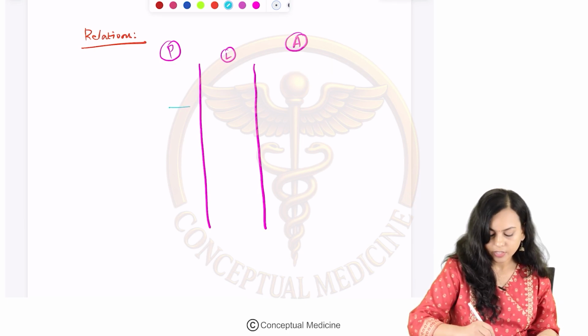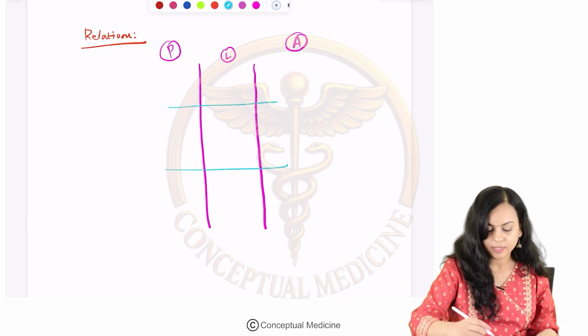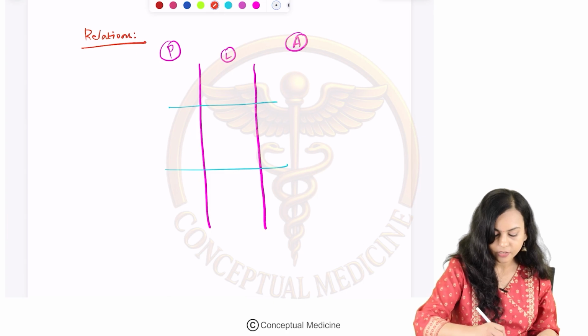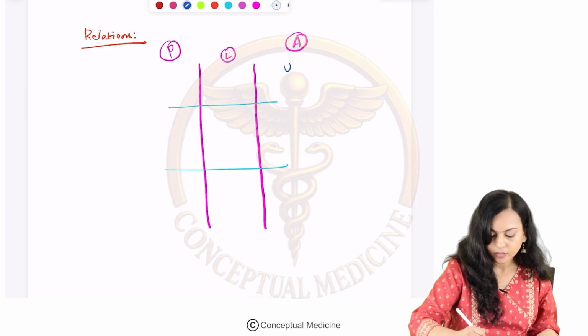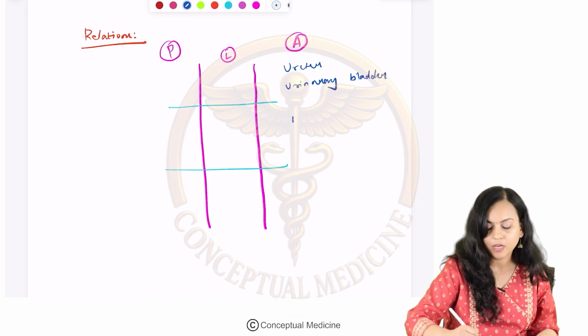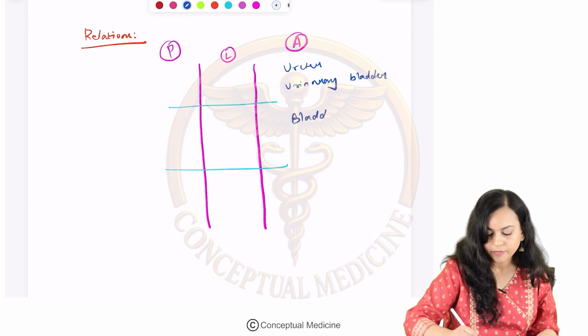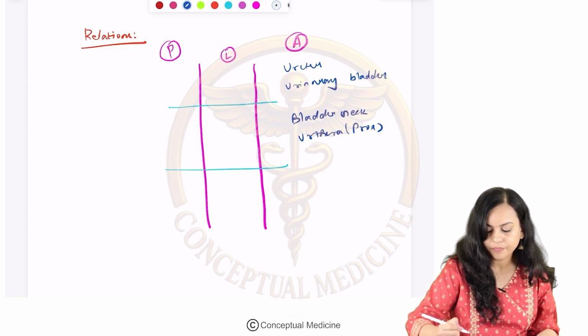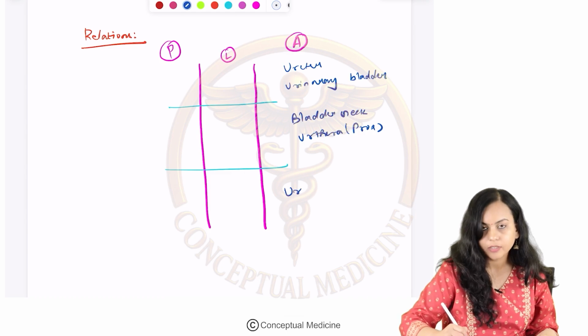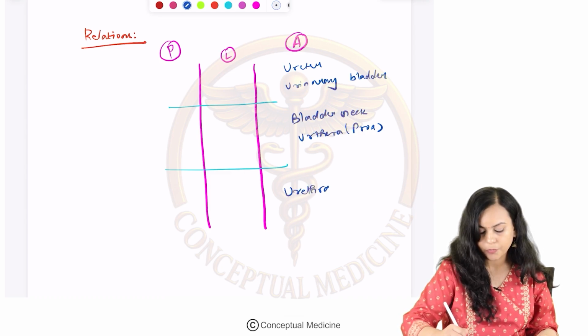We'll divide the vagina into 3 parts. So the anterior relations are the ureter and urinary bladder in the upper third. In the middle third, we have the bladder neck and the proximal part of the urethra, and lower down in the lower third, we have the urethra alone.